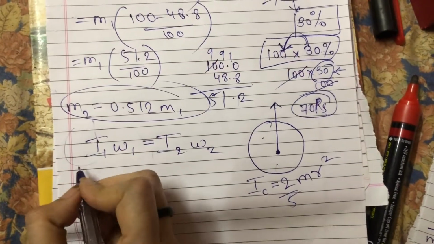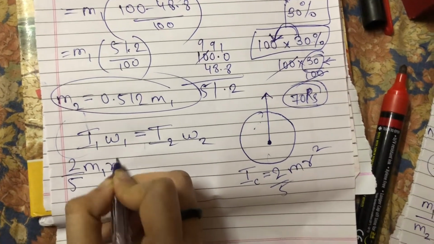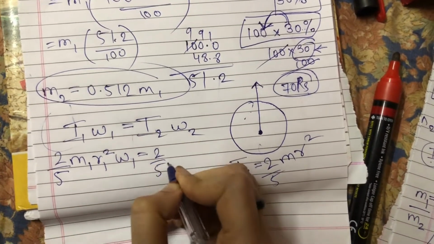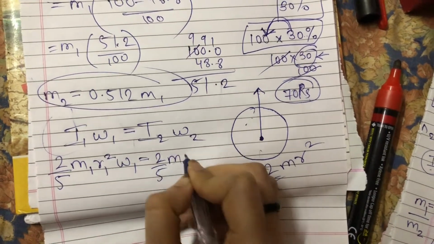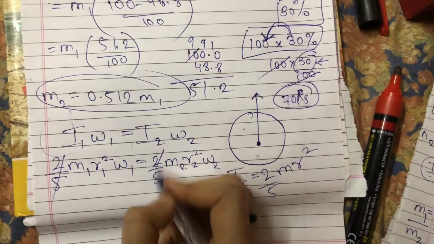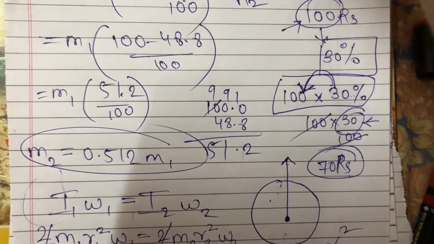So for the first sphere I'll write 2 upon 5 m1 r1 square omega 1. For the second, 2 upon 5 m2 r2 square omega 2. From here 2 upon 5 gets cancelled. Just wait.